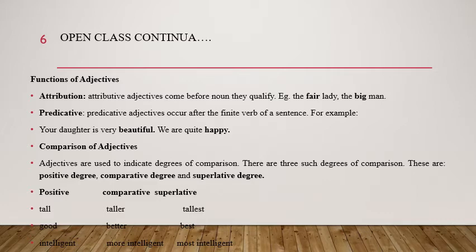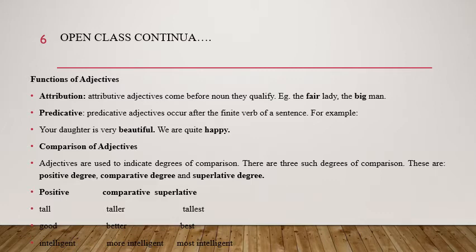Then comparison of adjectives. Adjectives are used to indicate degrees of comparison. There are 3 such degrees of comparison, which are positive, comparative, and then superlative. For the positive, we have tall.